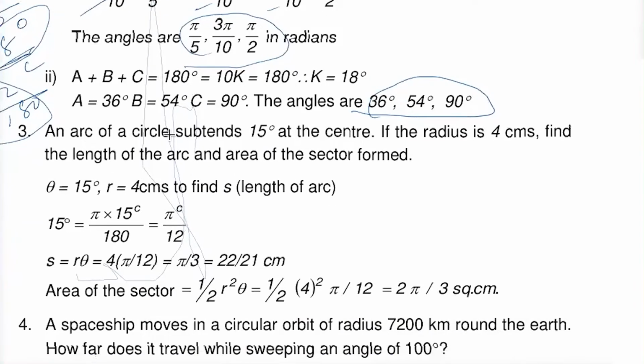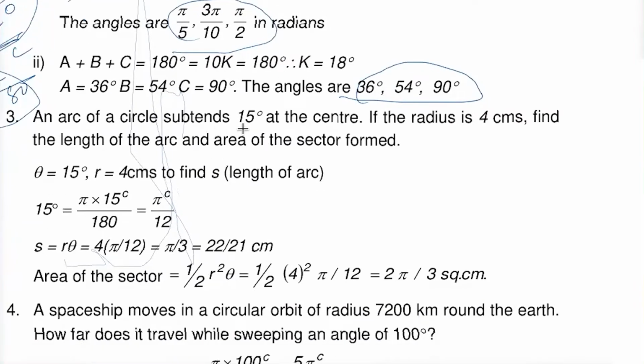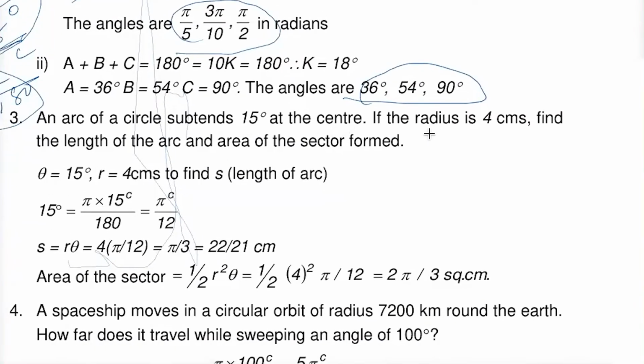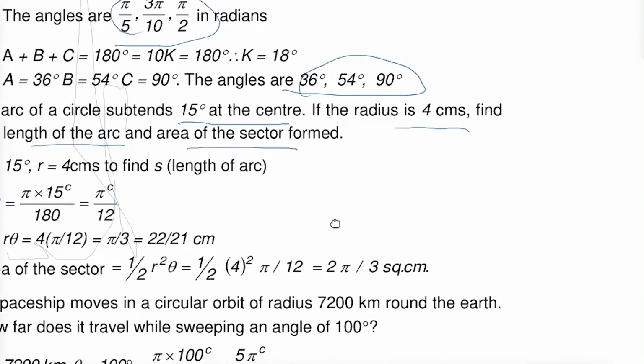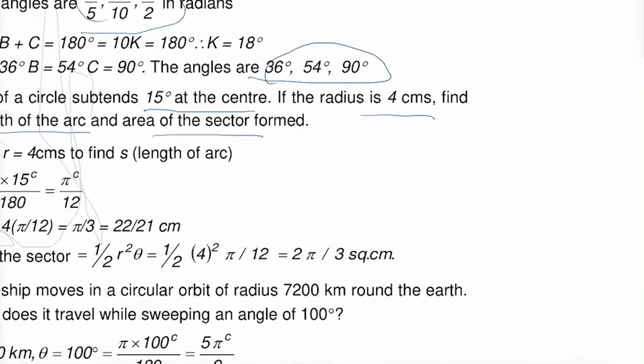An arc of a circle subtends 15 degrees at the center. If the radius is 4 centimeter, find the length of the arc. So again, let's understand what is given and what we have to find.